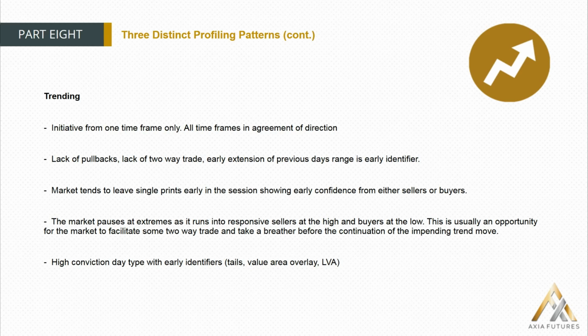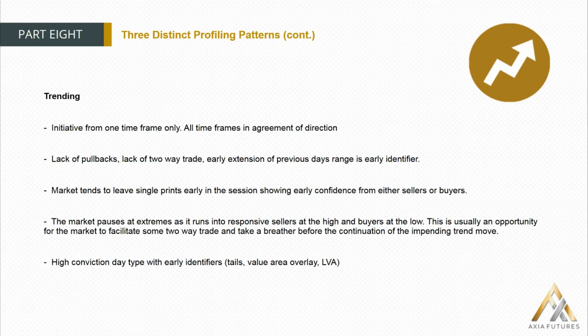So note again, what we typically see in a trend day is aggressive initiation until we run into responsive other time frame players, and then the market has a bit of two-way trade before then resuming the initiative move higher or lower. Note, it is a high conviction day type with very early identifiers.